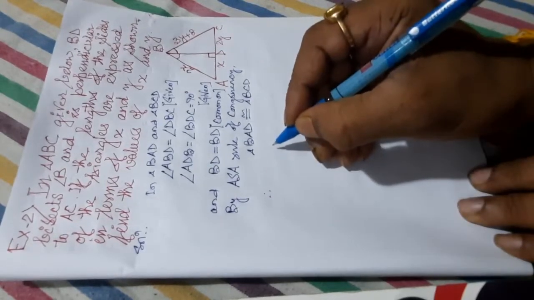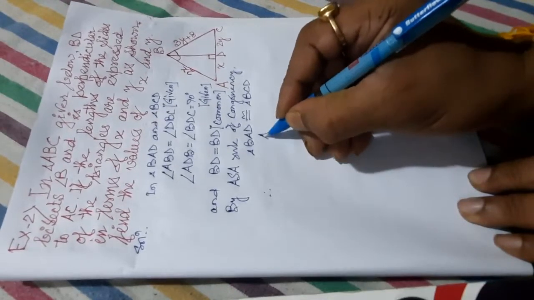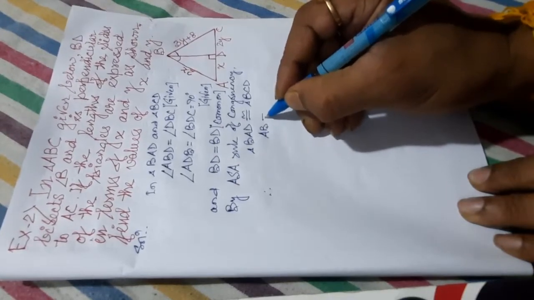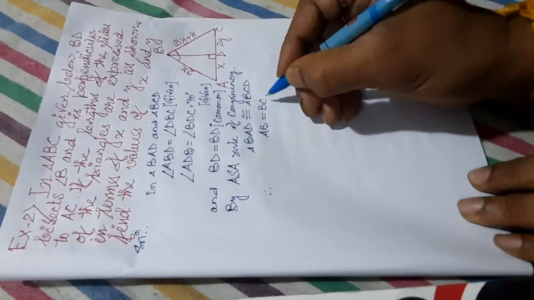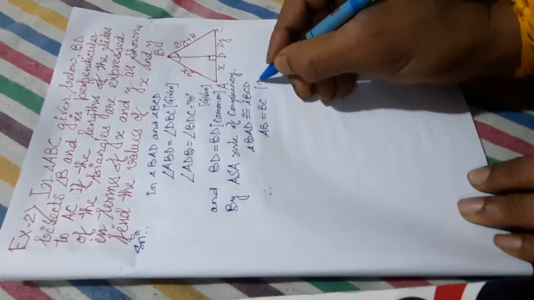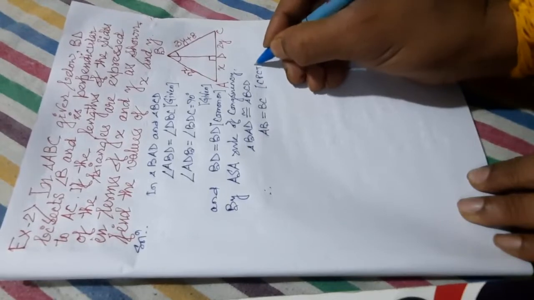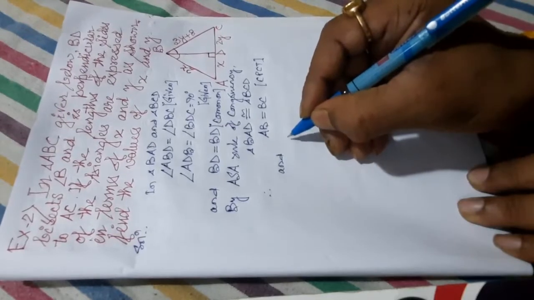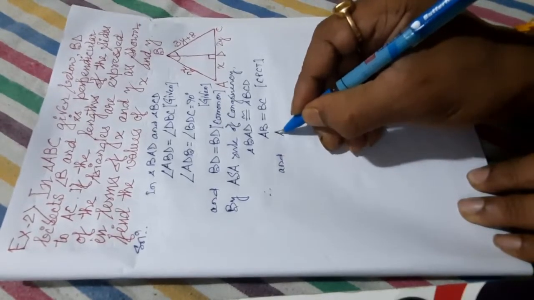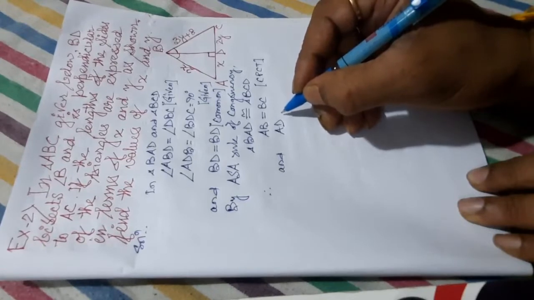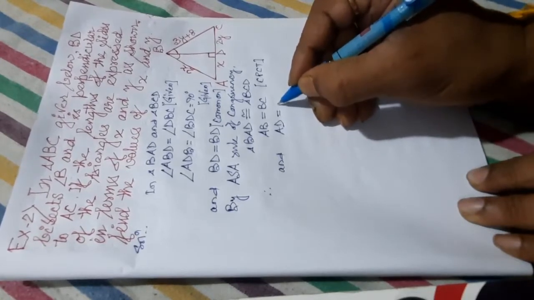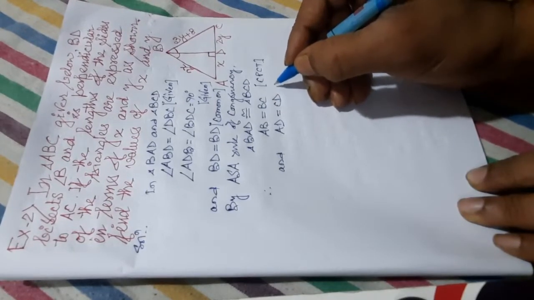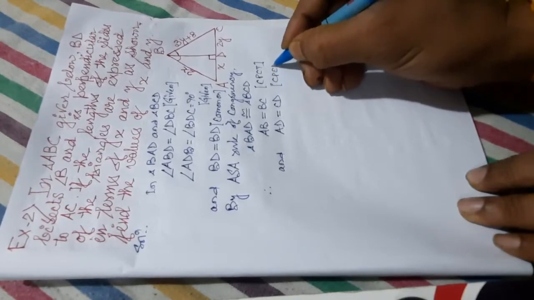Therefore, AB of triangle BAD is equal to BC of triangle BCD, corresponding parts of congruent triangles, and AD of triangle BAD is equal to CD of triangle BCD, corresponding parts of congruent triangles.